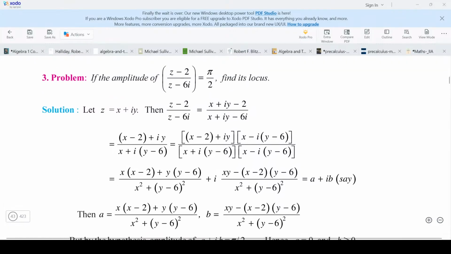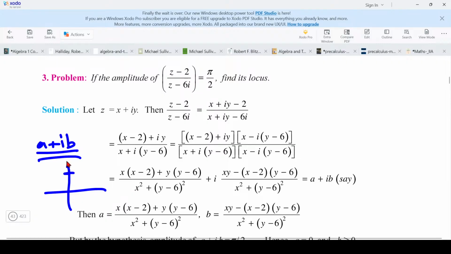Okay, so this is a complex number, right? Z minus 2 is a complex, z minus 6i is a complex. Together it is a complex number, right? And what is that complex number? That is this. Let's say this is something of the form a plus ib, right? Now a plus ib, this angle is 90 degrees. What does that mean?